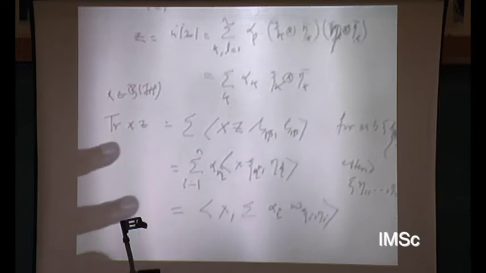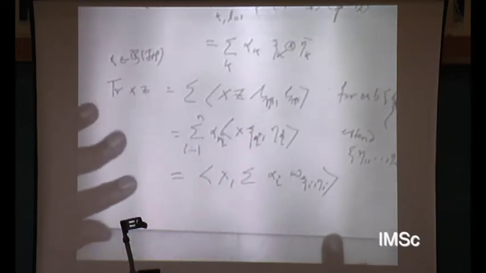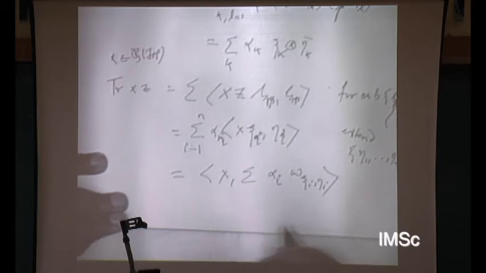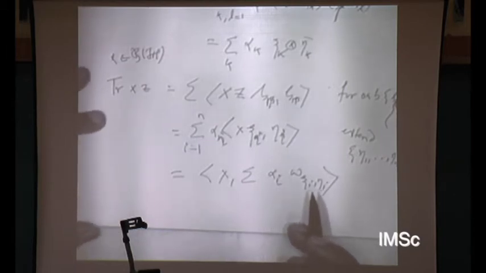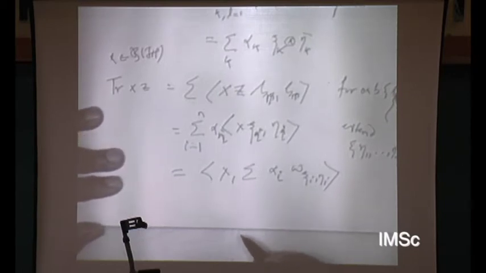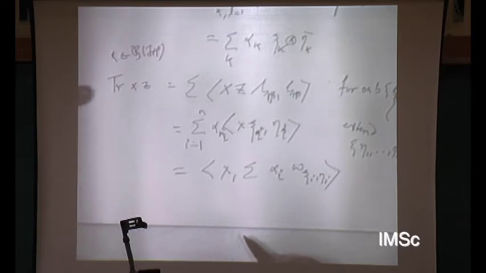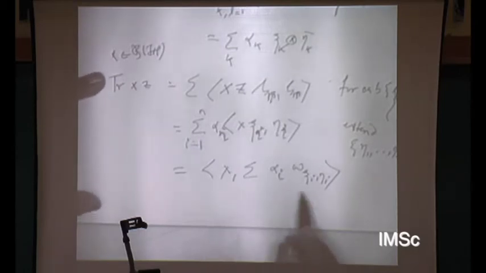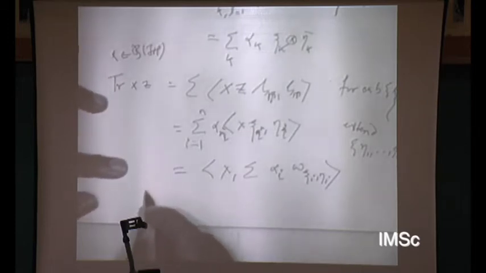And so what I'm trying to say is that when z has finite rank, trace of xz looks like this, and what is the one norm of z?